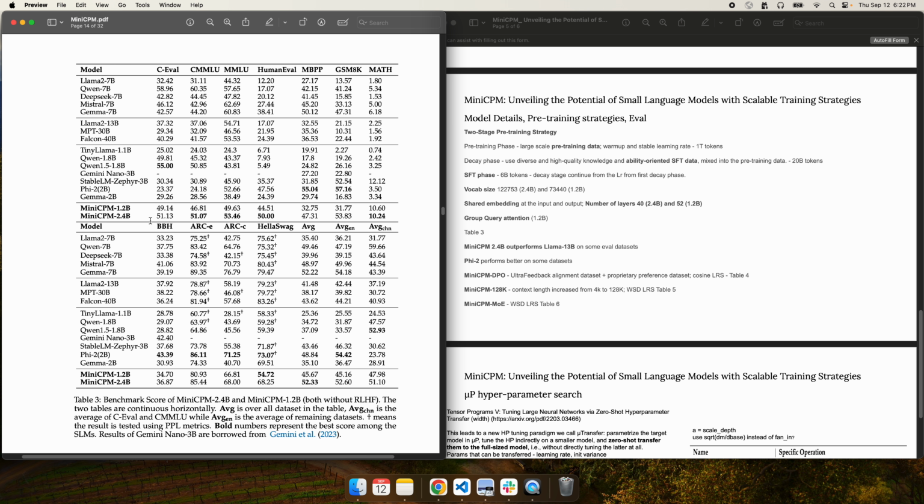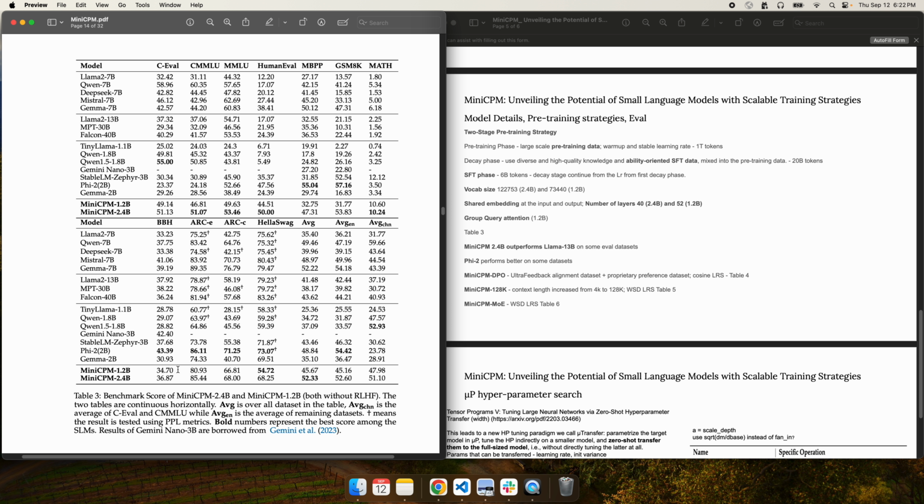And what they find is these small models, which are 1.2 billion, perform better than models which are 7 times their size, right? And they also see that Phi-2 is something which performs better than their models on a bunch of different benchmarks like BBH, ARC-Easy, ARC-Challenge, and HellaSwag.